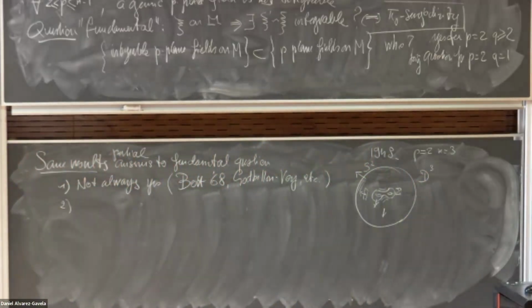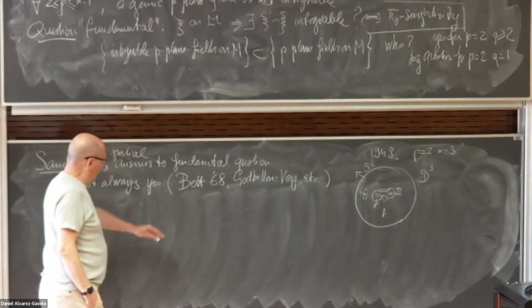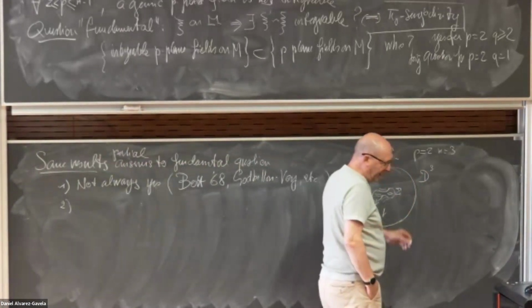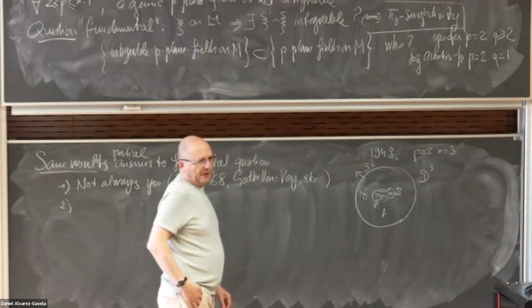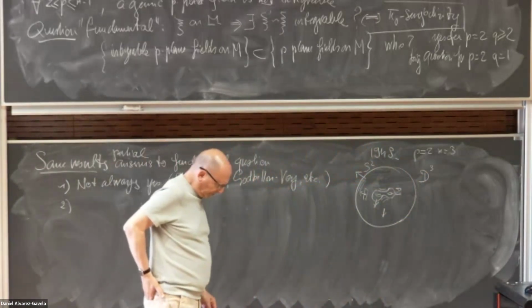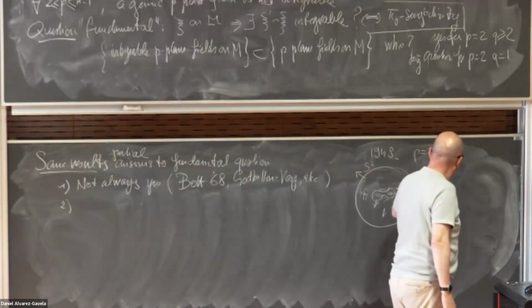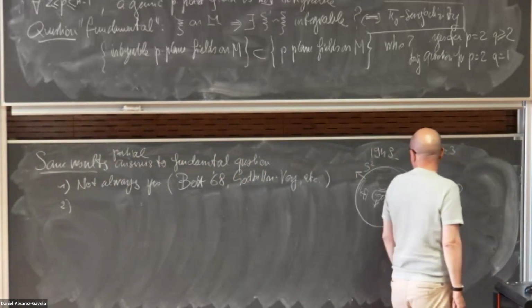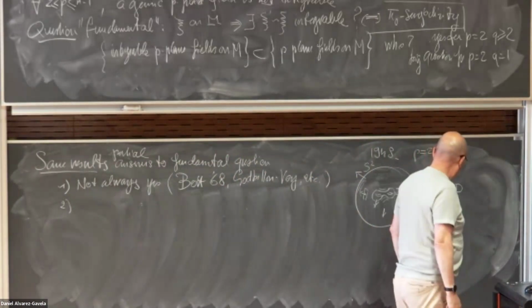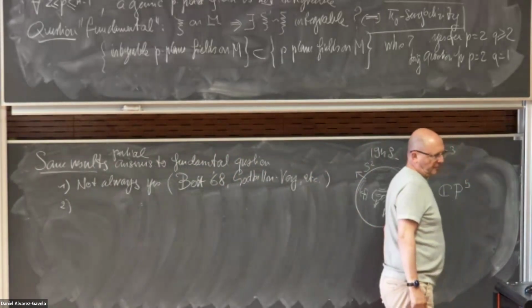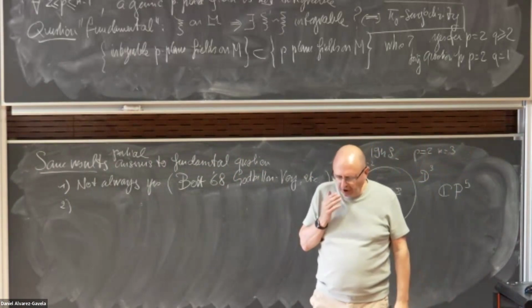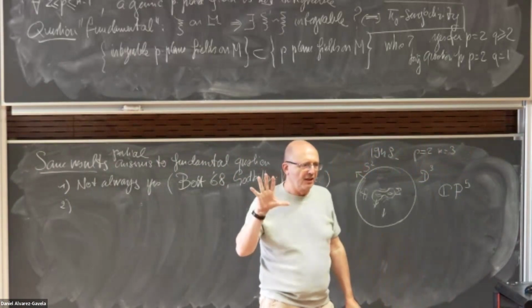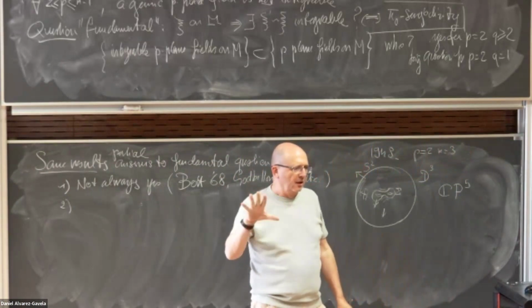So not always, but Bott gave examples on closed manifolds of plane fields, on CP. I think that the simplest example for Bott's obstructions is on CP5. There is a holomorphic hyperplane field that is regarded as a real plane field.